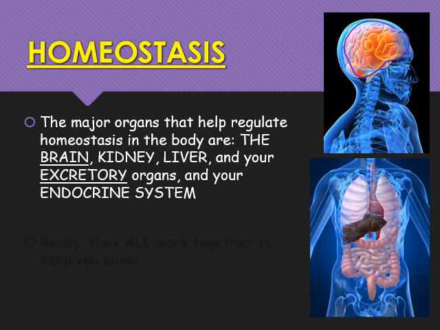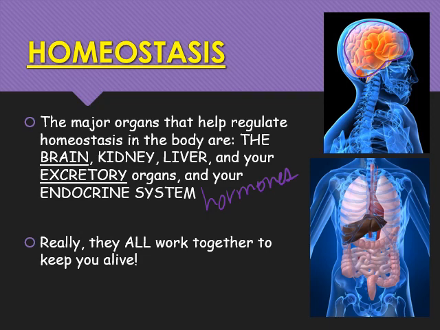And your excretory organs, which would include your lungs, your skin, your digestive system, and your endocrine system, which is really your hormones. All of those things help regulate, provide feedback, and manage your body so that you can maintain homeostasis and your body can function the way it's supposed to. They all help keep you alive.